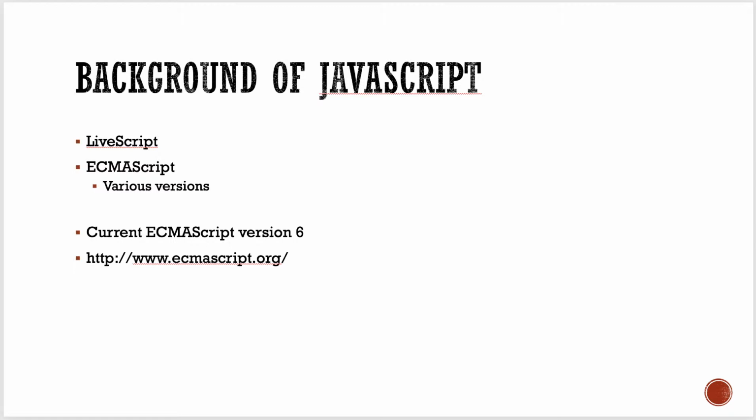And once JavaScript started becoming popular, it got renamed to ECMAScript, and there have been various versions of ECMAScript over time, and new features and functionality are constantly being added to it. The current version of ECMAScript is ECMAScript version 6.